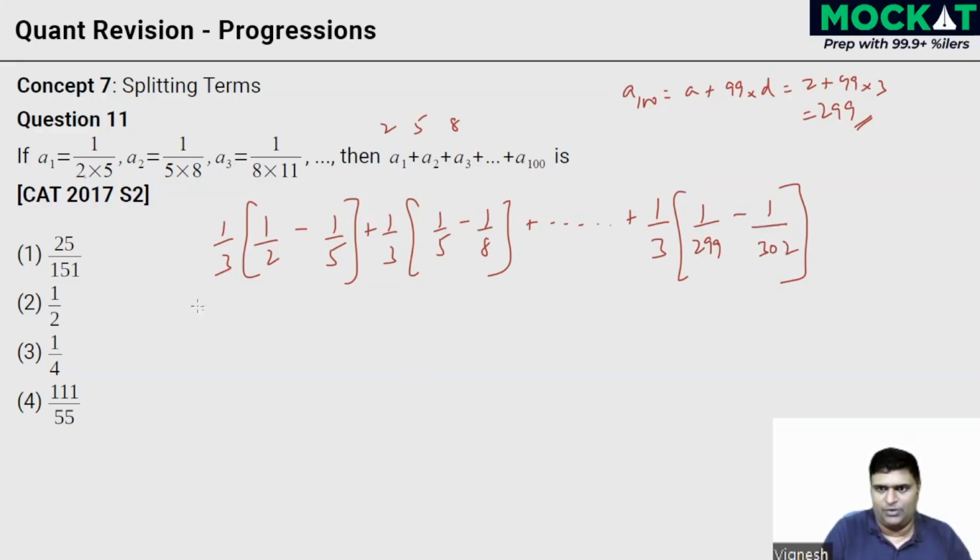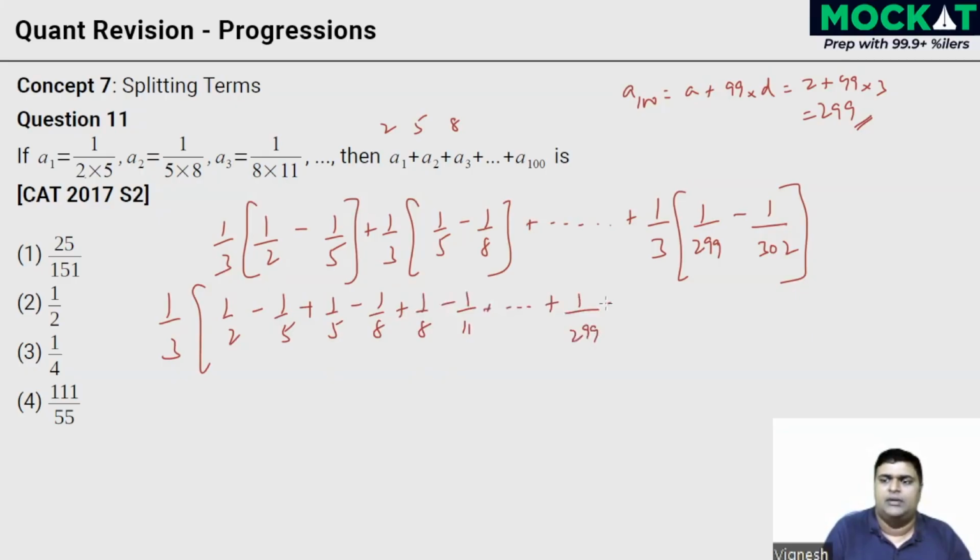If I take a 1 by 3 common over here, I don't even need to do this. At this stage itself, you could have cancelled out 1 by 5 and all of that. Plus 1 by 5 minus 1 by 8 plus 1 by 8 minus 1 by 11, and this would have continued, plus 1 by 299 minus 1 by 302. All of these are going to get cancelled.